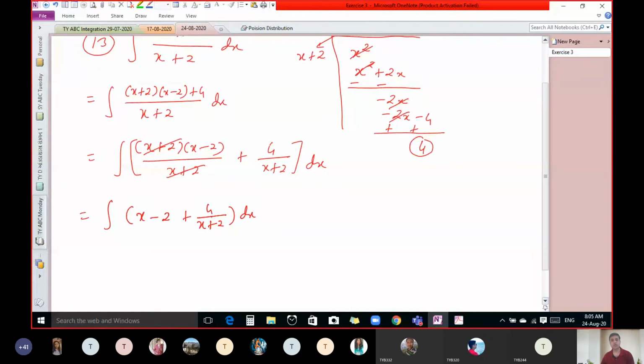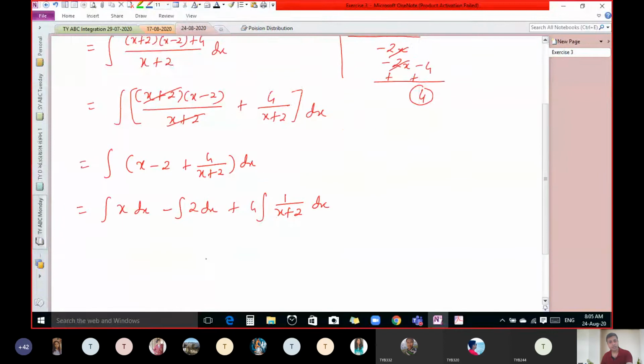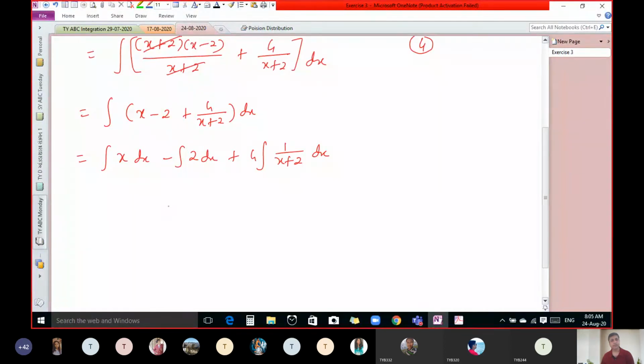Now it looks like a routine question, and in a routine question we take separate integration of each term. Here take 4 outside because it's a constant. In the second term, integration of 2x, you can take 2 outside, no problem. And if we put the constant as it is, that is also okay.